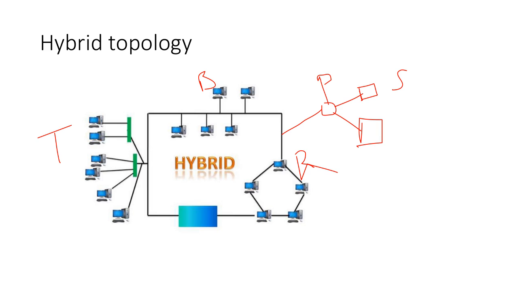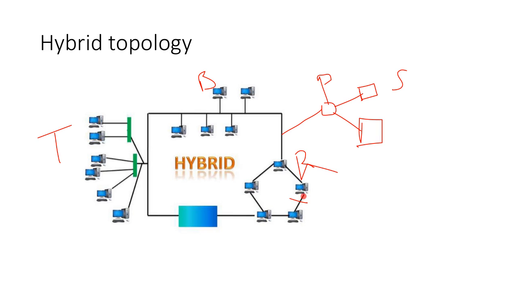So what again would be the advantages of such a topology? Of course, number one, it's reliable, right? What do we mean by reliable? If there is a link breakage or some device breaks down at any part of the network, it will not affect the functioning of the other networks.